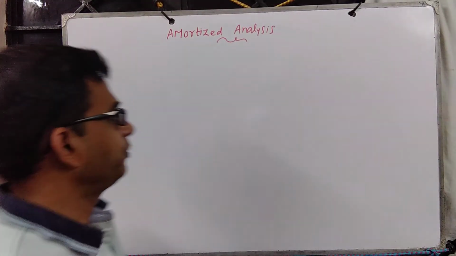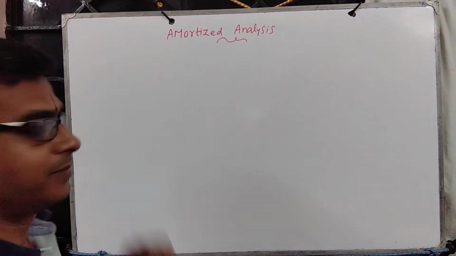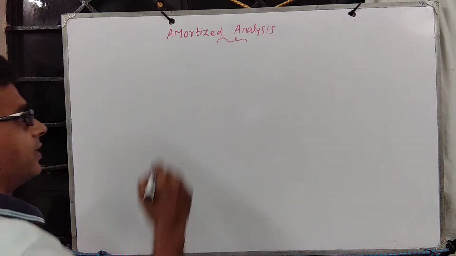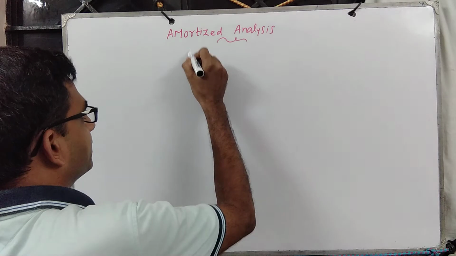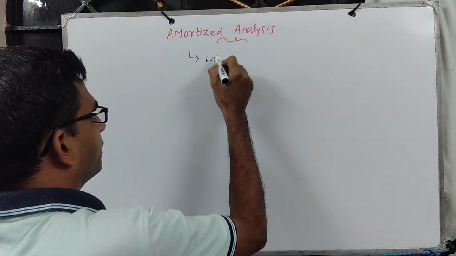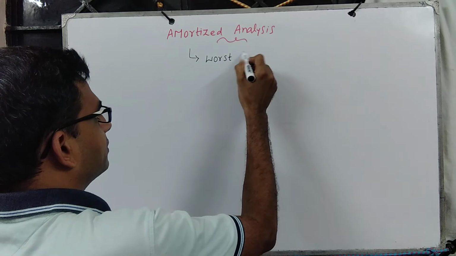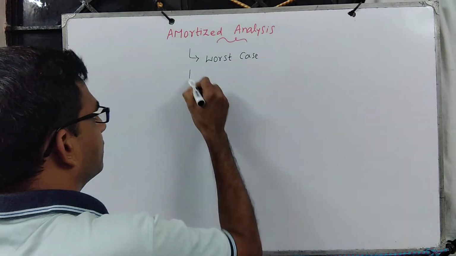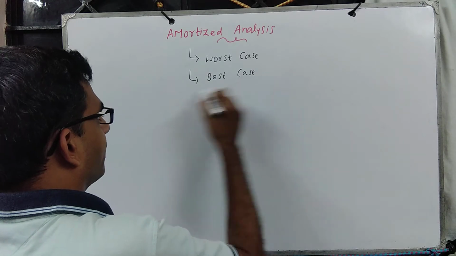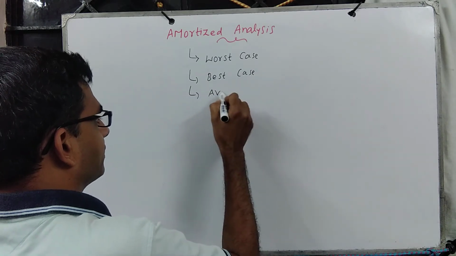Our next module for discussion is amortized analysis. So far, as part of classical complexity analysis, we have been focusing on three cases: worst case analysis, best case analysis, and average case analysis.